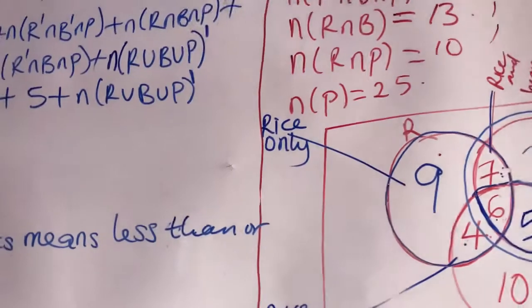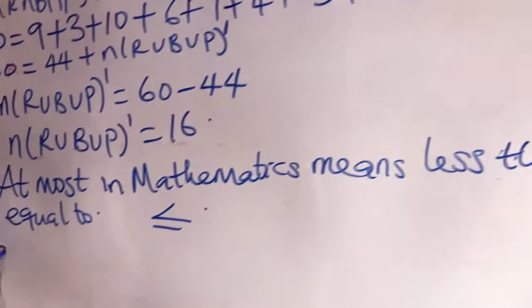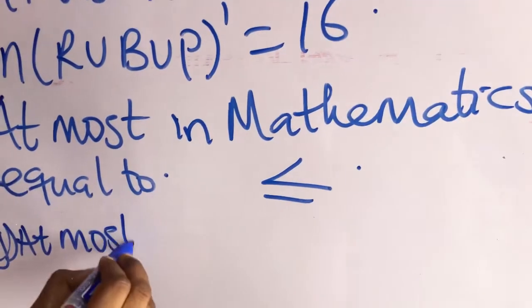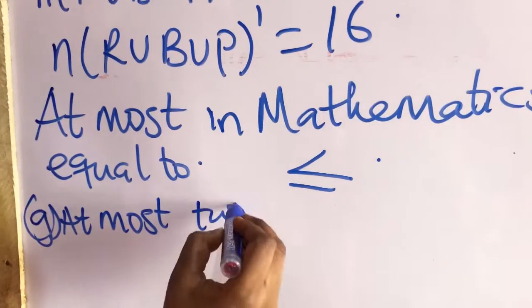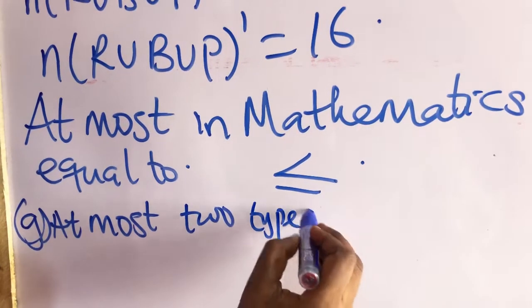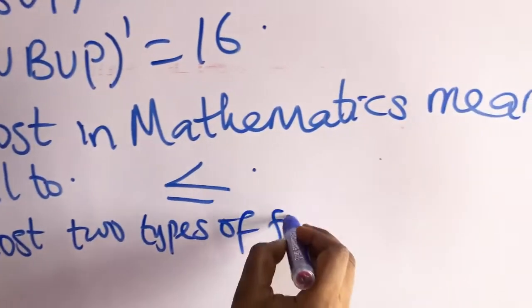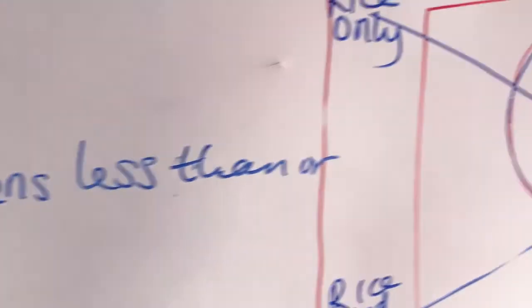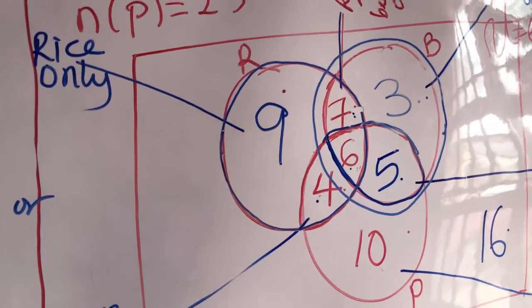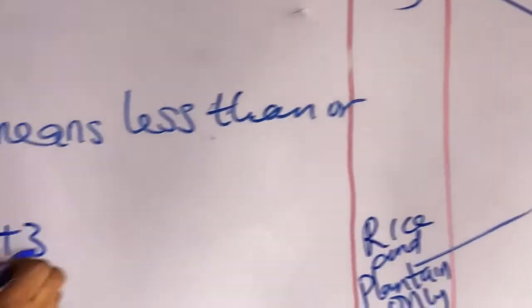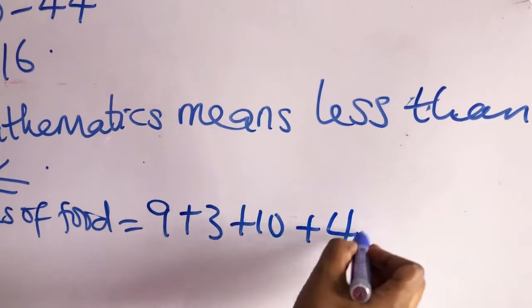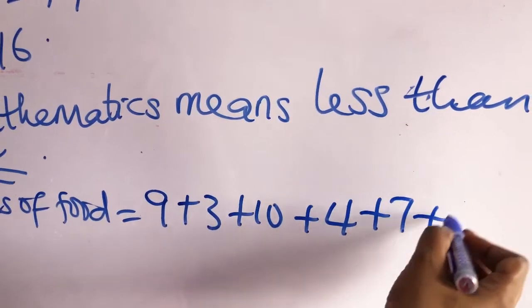So at most 2 types of food will be equal to 9 plus 3 plus 10 plus 4 plus 7 plus 5.